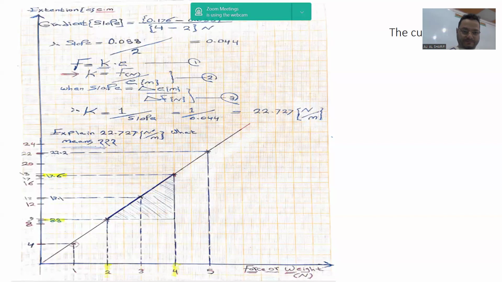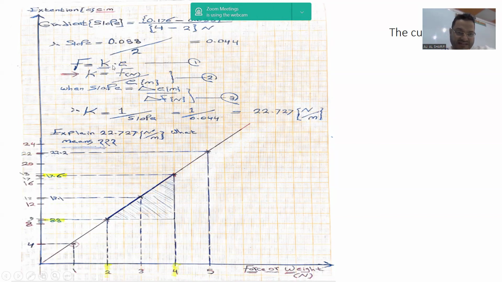Now let's think about how I can calculate the K. At the previous slides, I said the force equals K constant multiplied by extension.